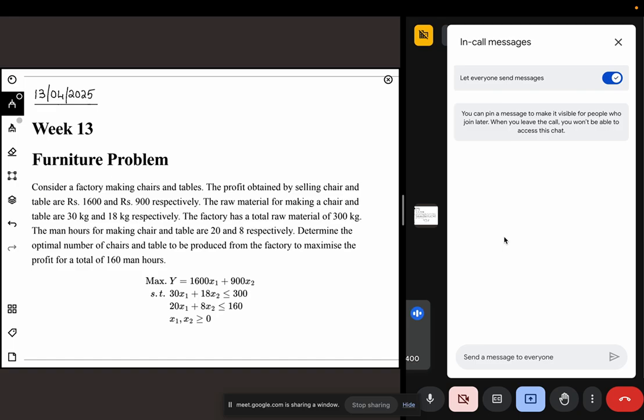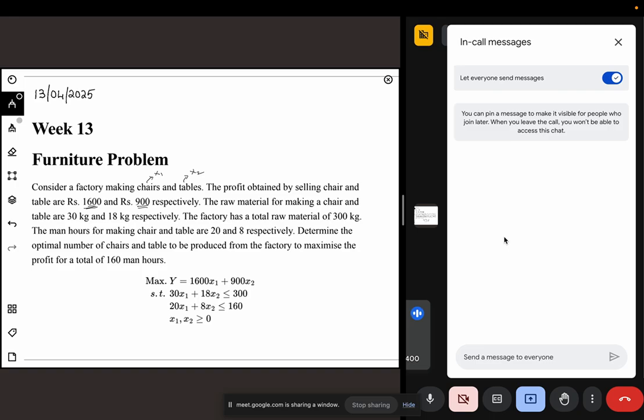So the first one here is, say you have a factory making chairs and tables. Say you're owning a factory and you can sell one chair and get 1600 rupees. You can sell a table and get 900 rupees. So let's say chair as x1, table as x2. But obviously you have some physical constraints.